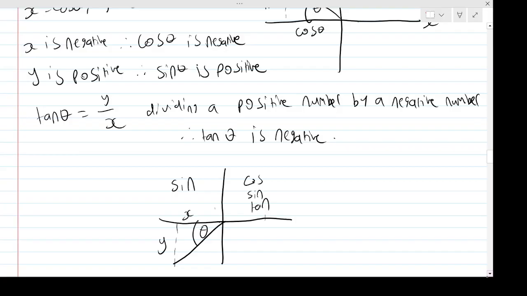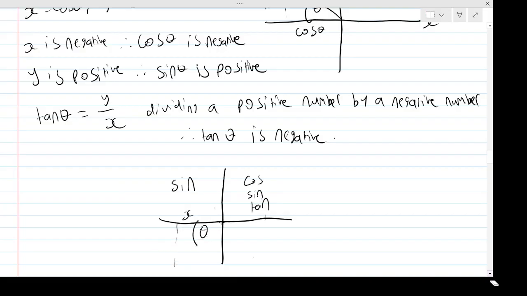So sine and cos are both negative here. But tan would be positive, because remember tan is y over x. Because y and x are both negative here, along the negative y-axis and the negative x-axis, we're dividing two negatives, right? So we'd get a positive out of that.